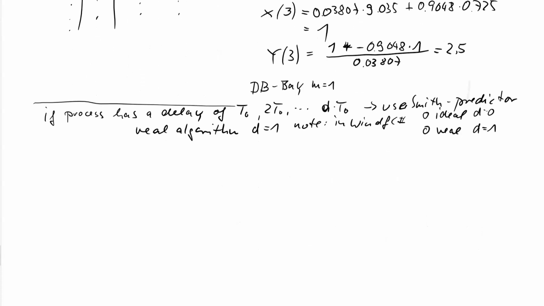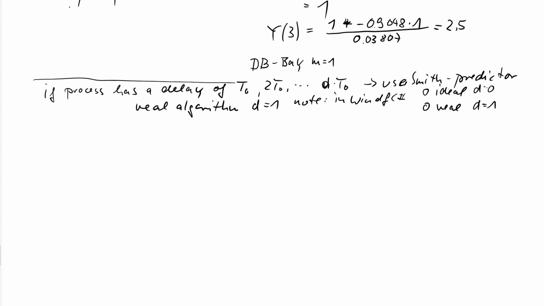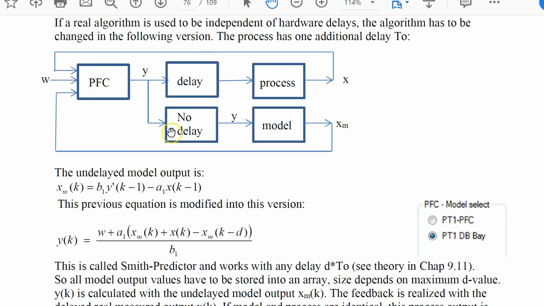What is this predictor? I show this in supplement chapter C 9.11 in my paper. So I open the paper to this page. The trick is that if we have the process and the process has a delay, we have a model where we can switch off the delay.